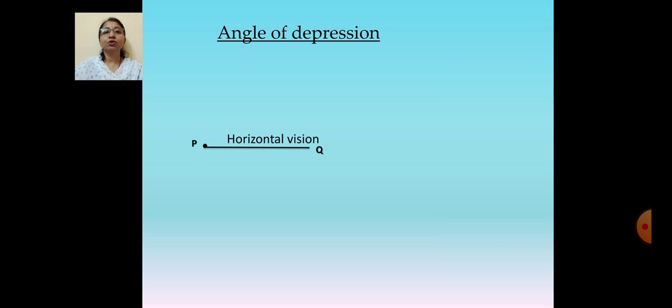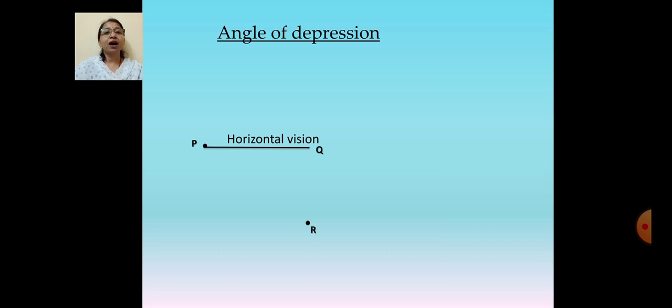Right? Now second type of angle is angle of depression. So in this again, suppose P is the observer. When he looks straight, this is horizontal vision. Now this time the object is kept at the lower level.